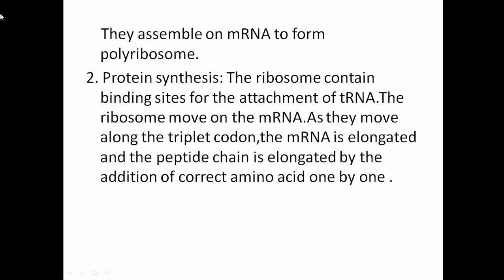The ribosome contains binding sites for the attachment of tRNA. The ribosomes move on the mRNA. As they move along the triplet codons, the peptide chain is elongated by the addition of the correct amino acid one by one.